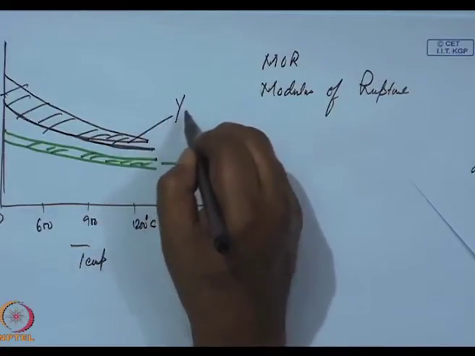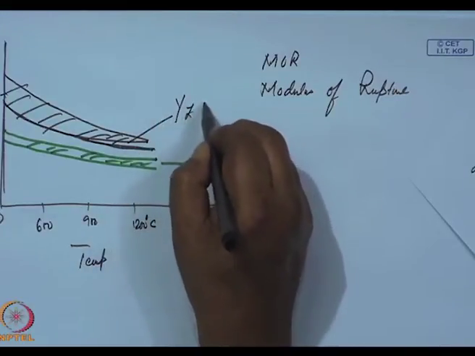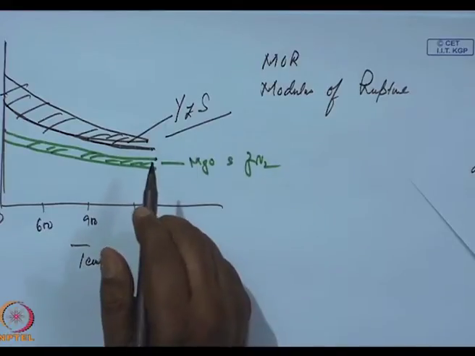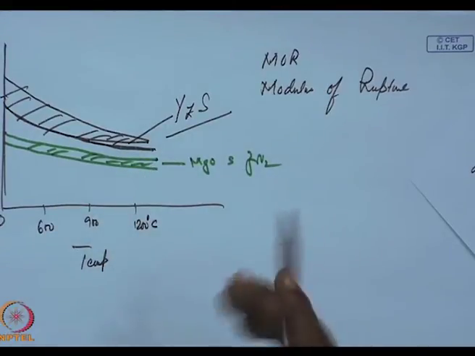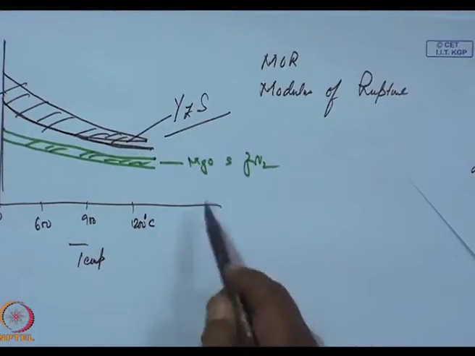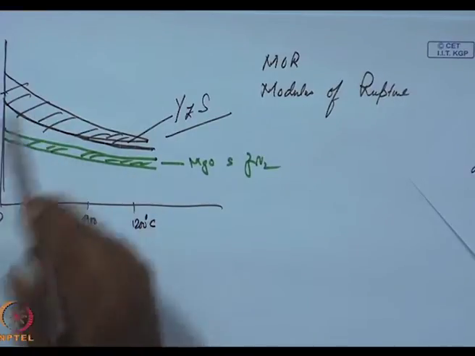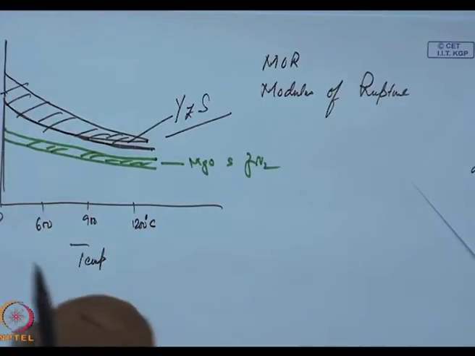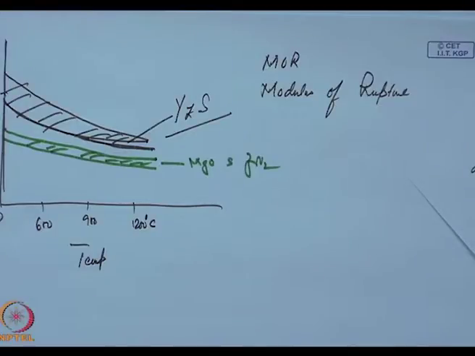this is the range for yttria stabilized zirconia, and frequently what we do see is, because we have got a higher modulus of rupture with yttria stabilized zirconia, most of the materials which are used for transformation toughening of zirconia are basically yttria based.